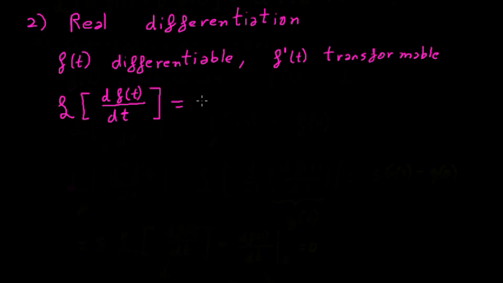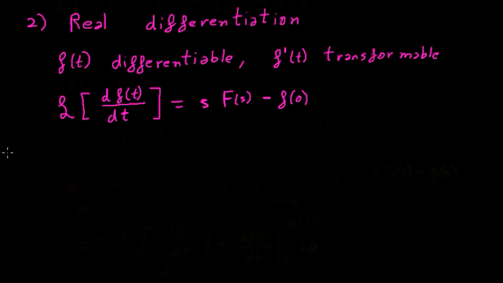is equal to s times capital F of s minus f at 0. That is, the Laplace transform of the derivative is equal to the variable s times the Laplace transform of f minus the value of the function f evaluated at t equal to 0.